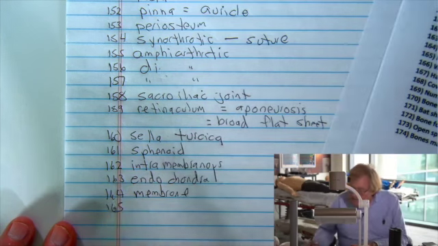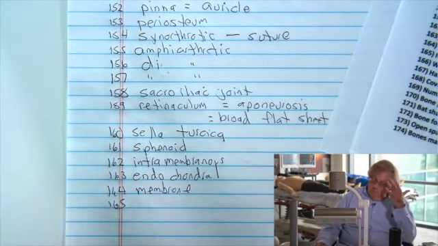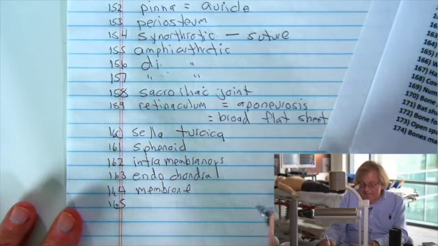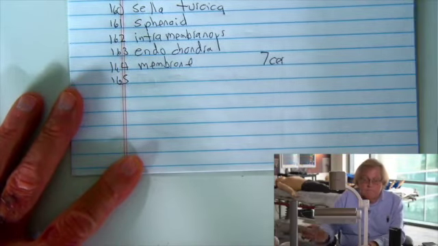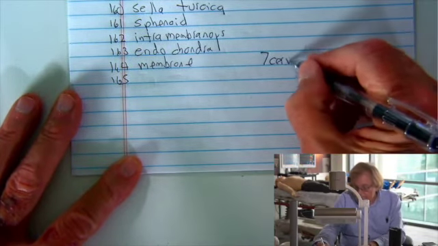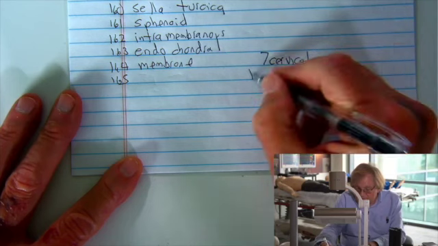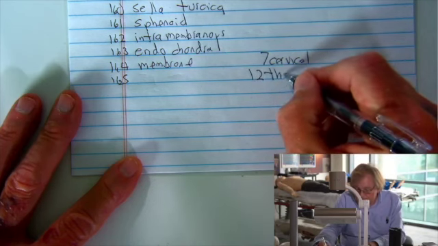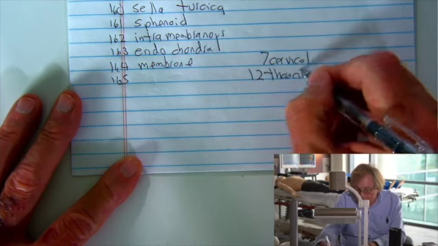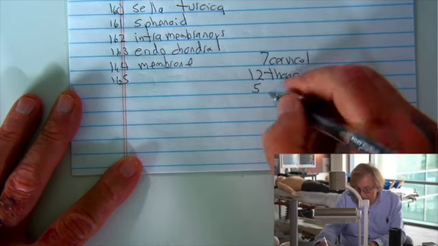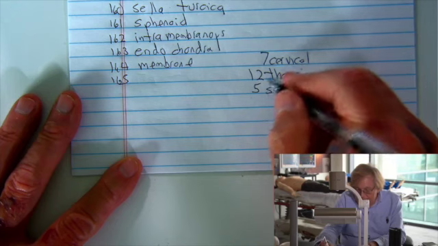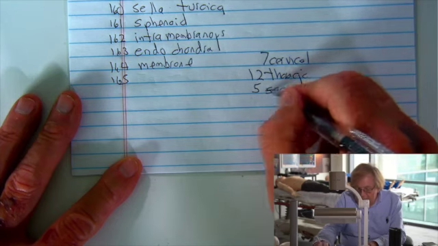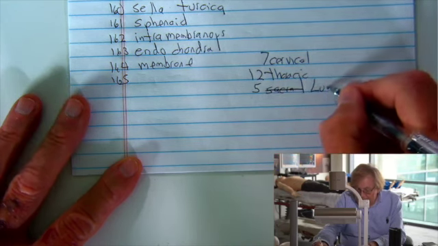165, number of vertebrae. Well, let's count them. I've got 7 cervical. I've got 12 thoracic. I've got 5 lumbar.